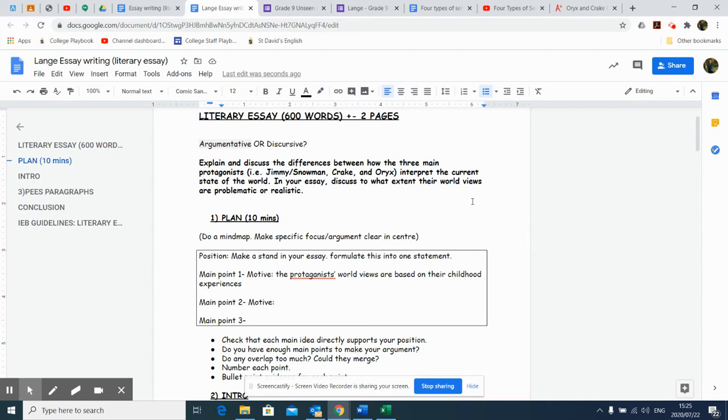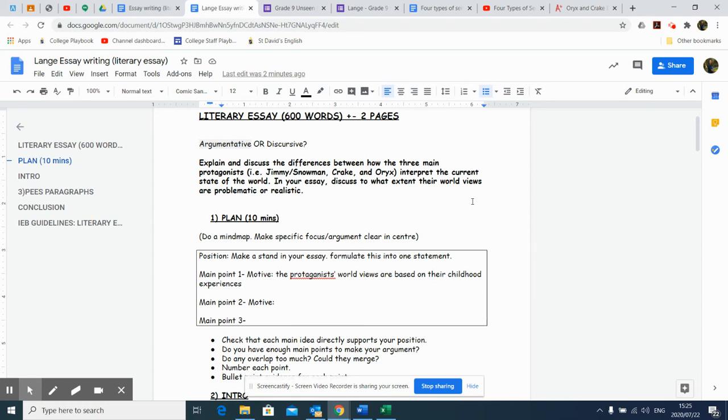So first of all, you have to decide what your position is. And when we say your position, what I'm saying is, what is your actual response to this topic? Okay. So in explaining and discussing the differences between how the three main protagonists see the world, if I was personally writing this, when I make a stand, I would say that their worldviews are based on their backgrounds, where they come from.